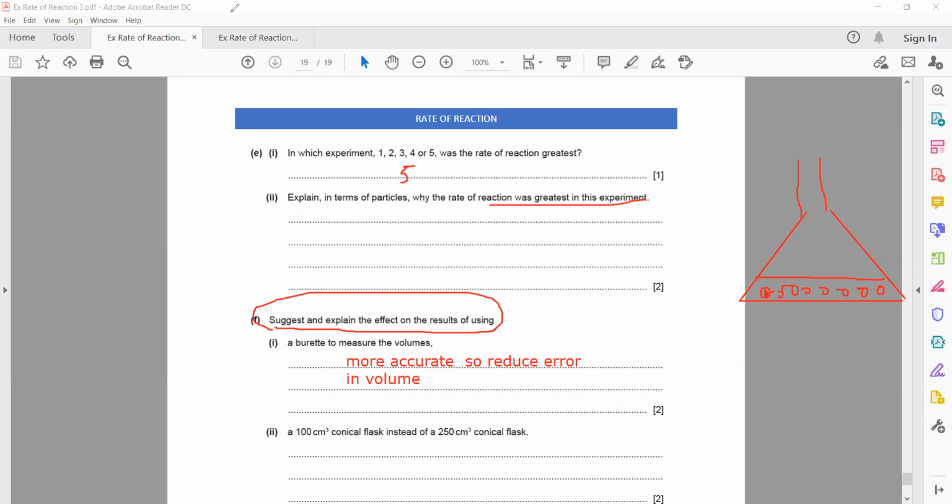But if I use a small conical flask with the same volume, the total volume of the solution is the same. For example, I add 50 cm cube of liquid in this conical flask, and here also I add 50 cm cube of liquid. But the maximum capacity of this conical flask is 250 cm cube, and the maximum capacity of this one is 100 cm cube. So in which conical flask will the reaction be faster? This conical flask, the reaction will be faster. Why? Because the particles will be relatively closer to each other.